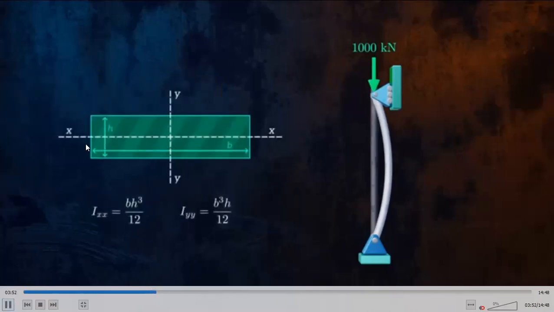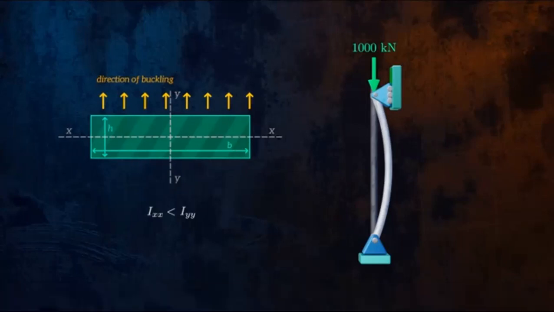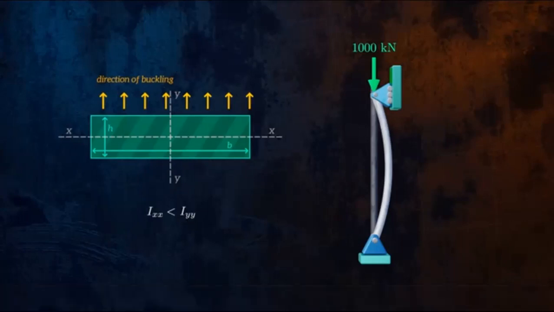Another thing: if you have a section like this, along the x axis you can calculate some I value, and along the y axis you can calculate some second moment of inertia value. You can see that Ixx is lower than Iyy. How could I say that? As you remember, I is bd cubed over 12. If you haven't seen that, please check my videos on moment properties of plane areas.